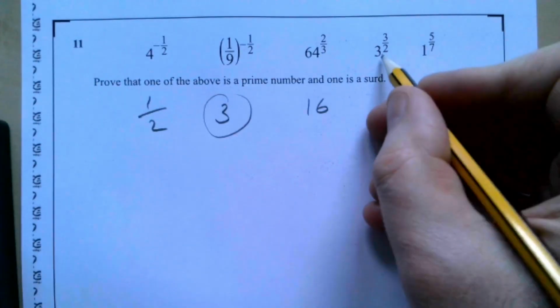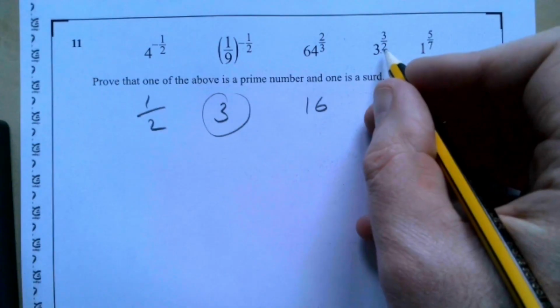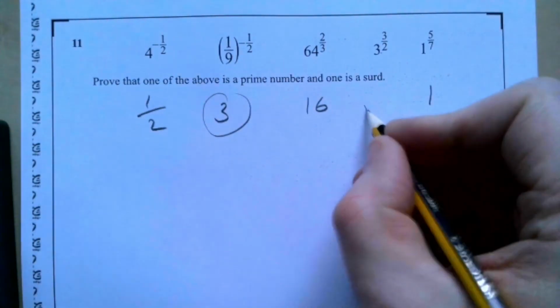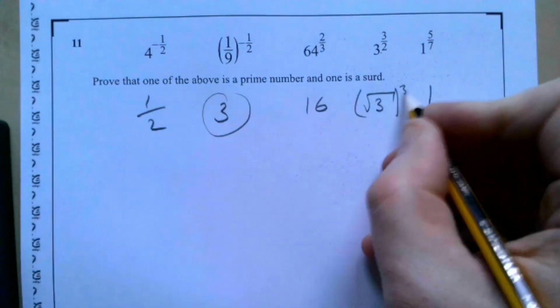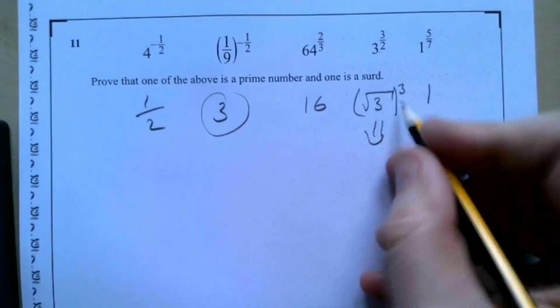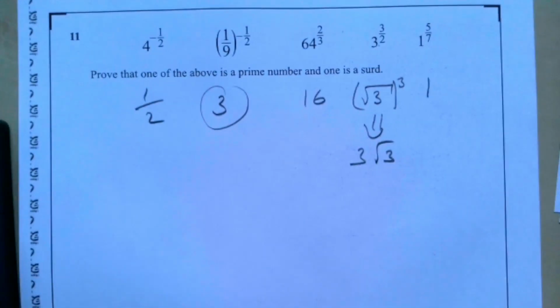So that's not a surd, so I'm hoping this is a surd. So we've got to find the square root of 3 and then cube it. So it's going to be the square root of 3 and then cubed. So that gives us root 3 times root 3 times root 3, which gives me 3 root 3, which is then a surd.